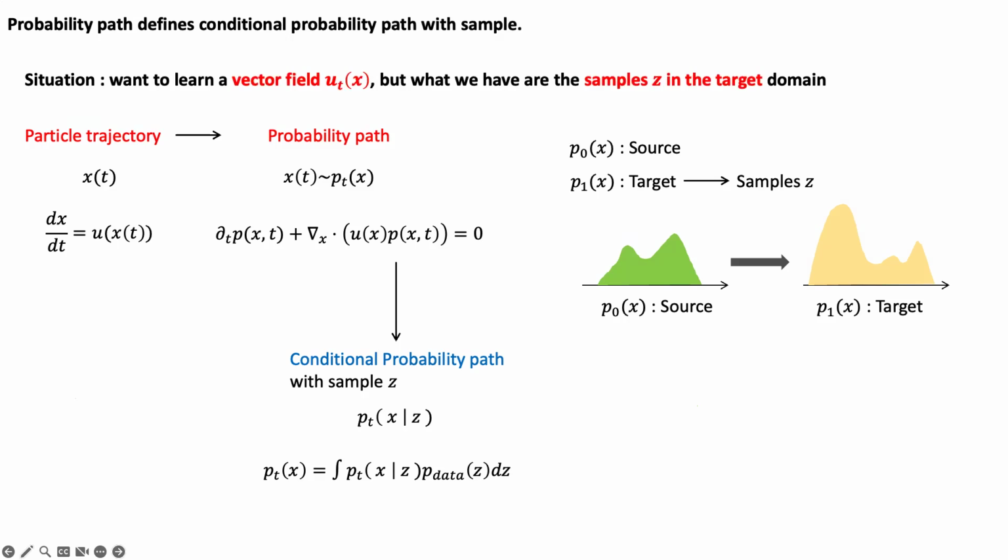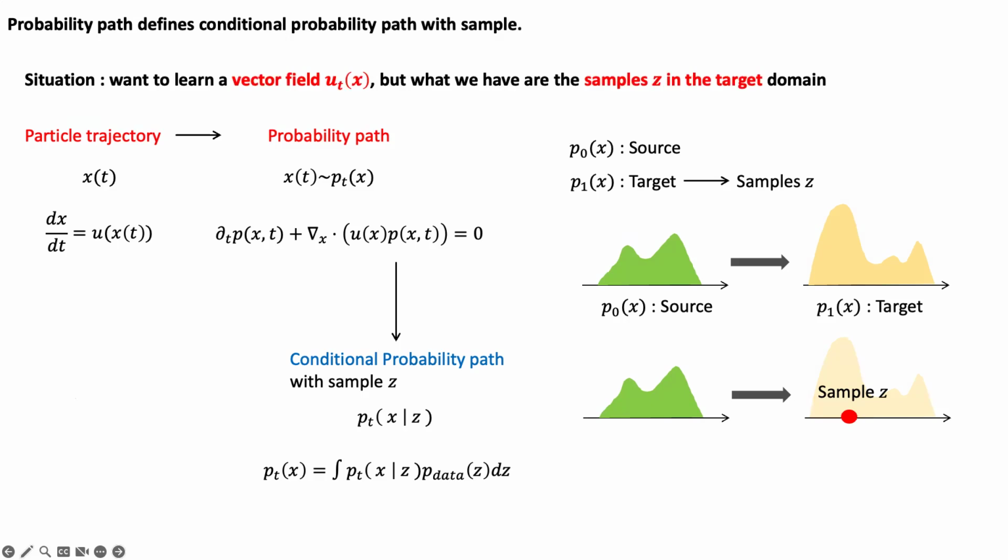I think people will be confused about conditioning on the sample Z. Please explain the sample one more time. Okay, we have a sample Z. Originally, you start with this distribution and end up with P1.